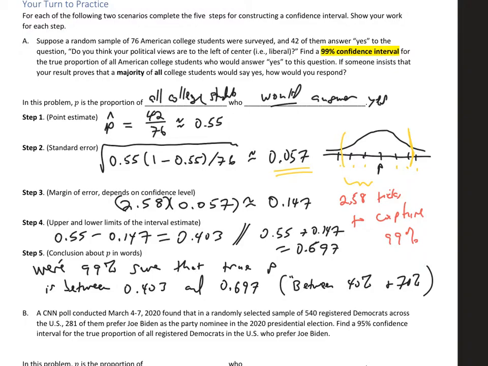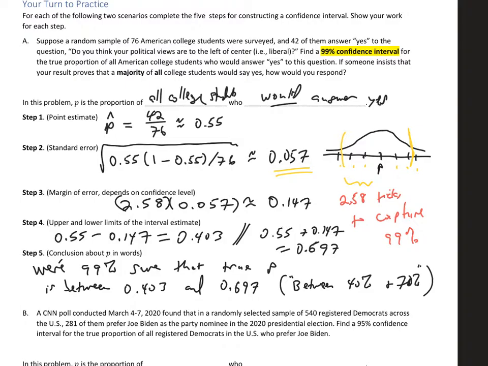And so that does not narrow it down very much at all. And that illustrates the fact, well, two things really. One thing is that having a sample size of 76 is not very many. And so we're never going to be able to make a very convincing estimate when we only have 76 people in our sample.